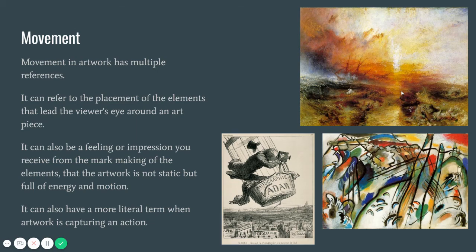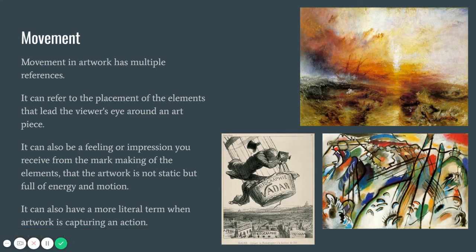The third is kind of the most literal and obvious way, is when the artist is making art and trying to capture an action, trying to capture a motion. It's kind of like the illustrated verb, okay? And this artwork is an example of that.